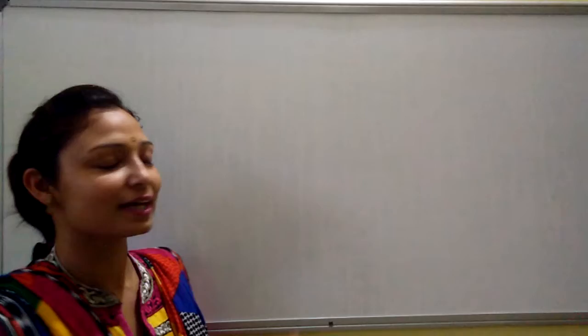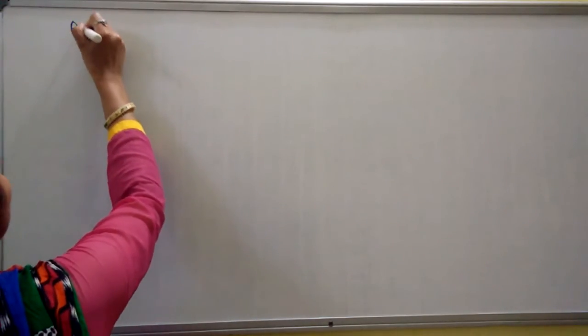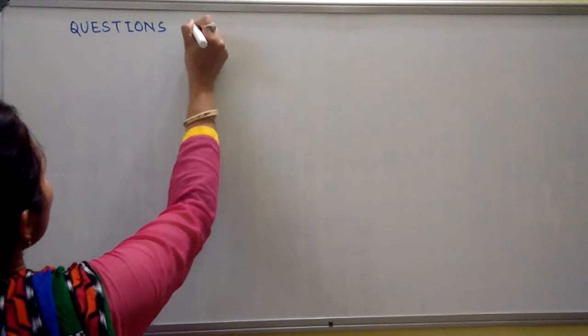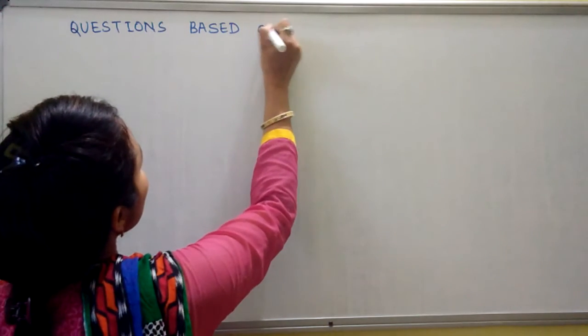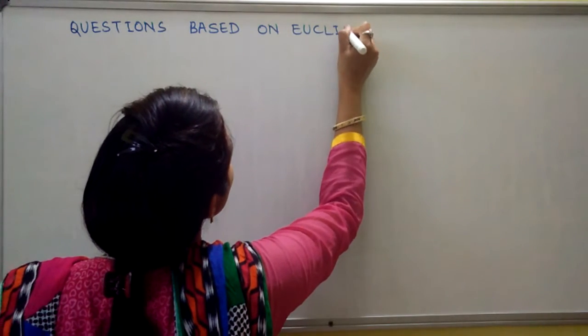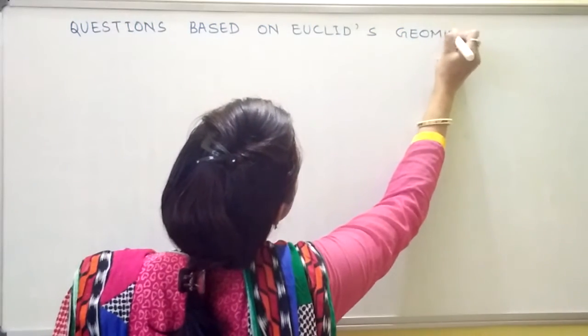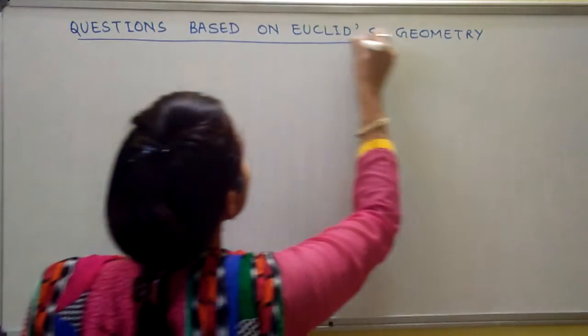In the lecture of class 9th, today I will do some questions on the basis of Euclid geometry. Okay, so let's start. How can we solve questions by using Euclid geometry?